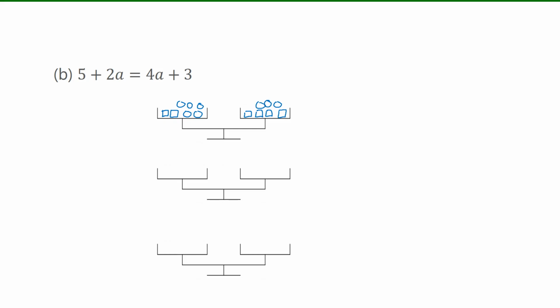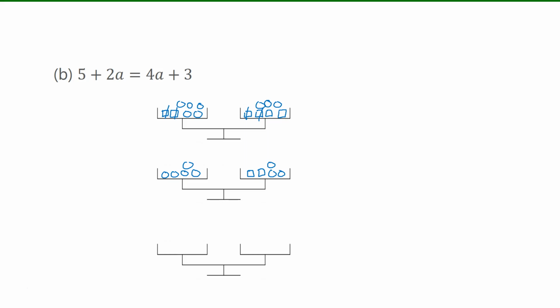Now I want squares on one side, and since there's more squares on the right hand side, I'm going to want to have them all over there. So that means I'm going to take away 2 squares from both sides, leaving me with 5 circles on the left and 2 squares and 3 circles on the right.